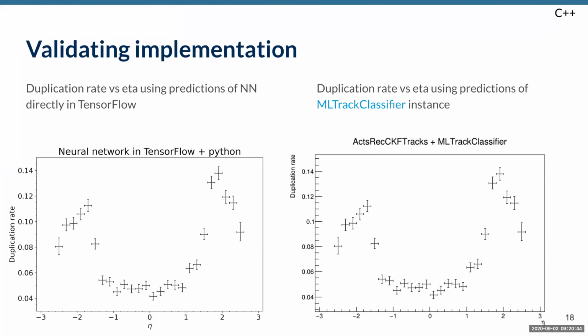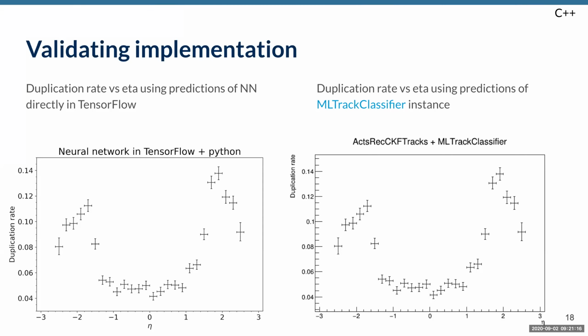If we do that, we can then compare the duplication rate versus eta produced by using our classifier implementation inside of ACTS, which is the plot shown on the right, and compare this to the duplication rate versus eta plot if we do the same thing directly in TensorFlow. So we use the same set of track candidates and we ask our model implemented in TensorFlow to predict which of them are likely to be duplicates and then generate the duplication rate versus eta plot.